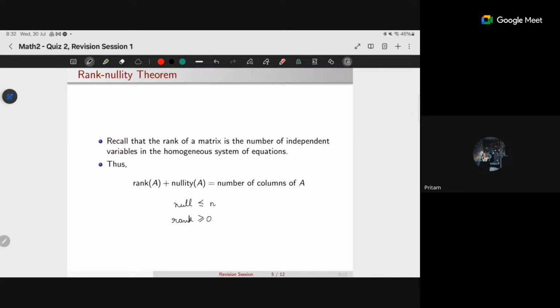But on the other end of the spectrum, when is rank maximum? That will be the minimum of the number of columns and the number of rows. That is the maximum possible rank. This is the case in general, but in specific examples you may be given matrices in which some values are missing or not determined.